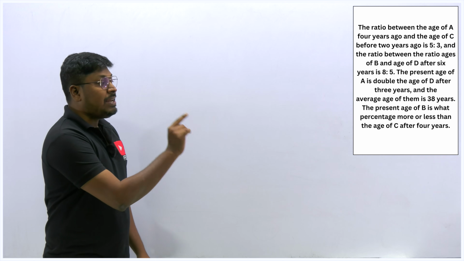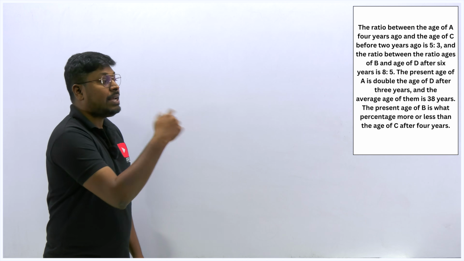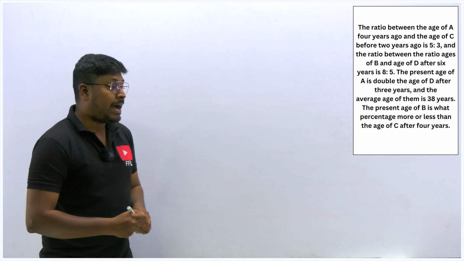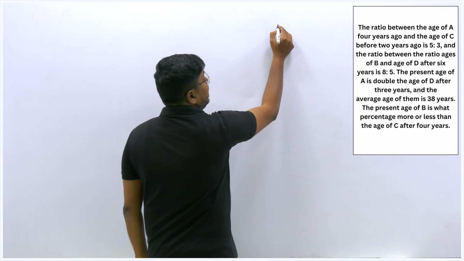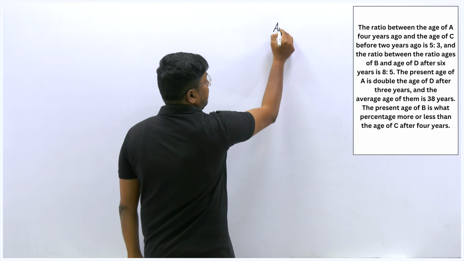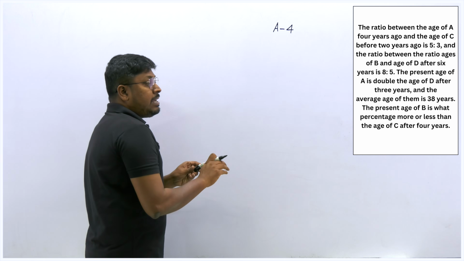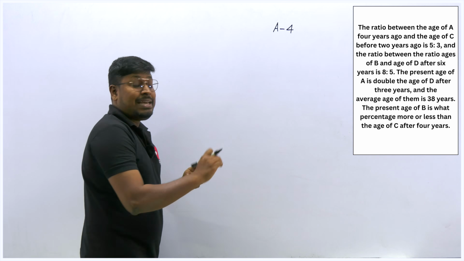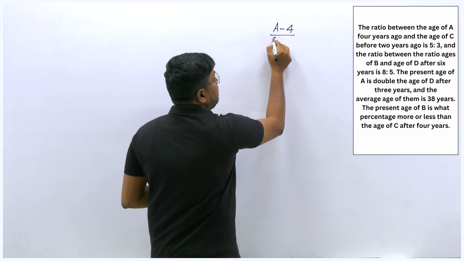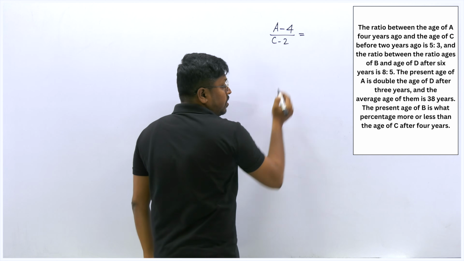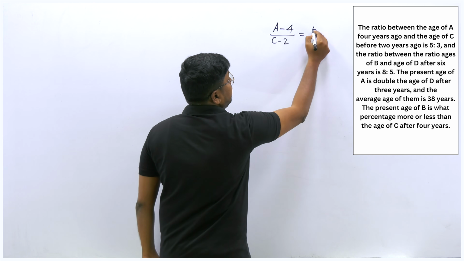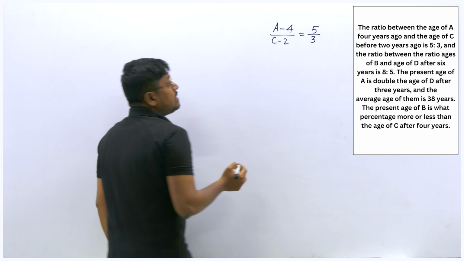So the ratio between the ages of A 4 years ago, that means 4 years back. Let's take the age of person A as A itself. So A minus 4, because 4 years back, and C 2 years before, so C's age 2 years back, C minus 2. What is the ratio they have given? 5:3. That means 5/3. So friends, understood or not?